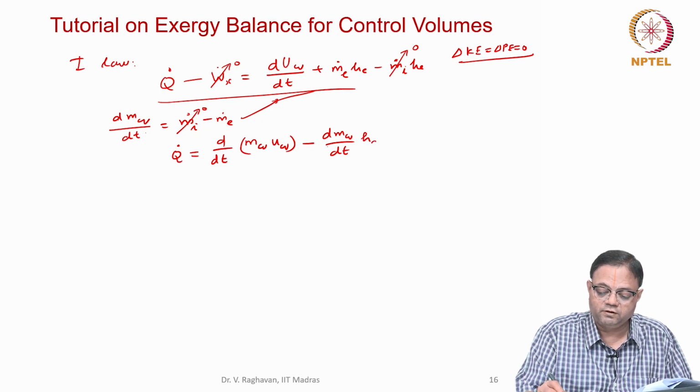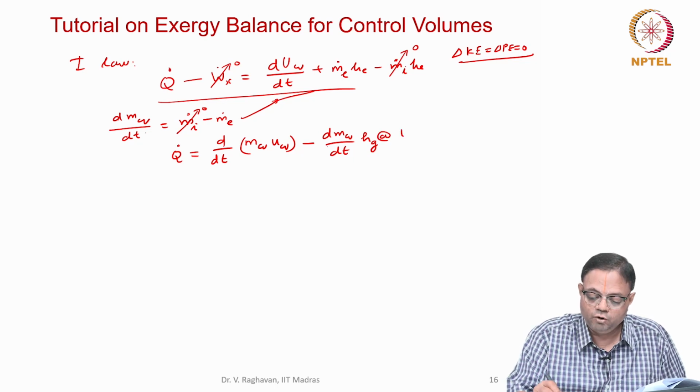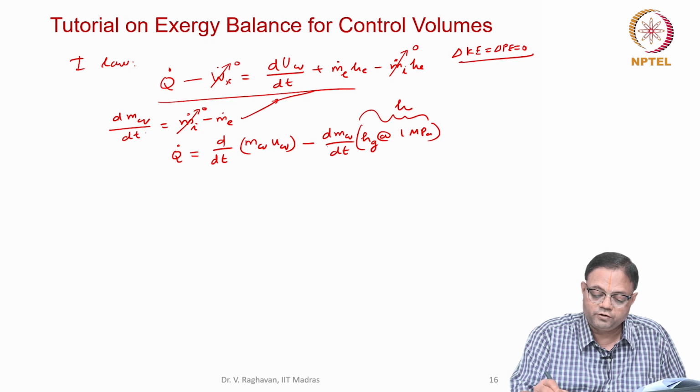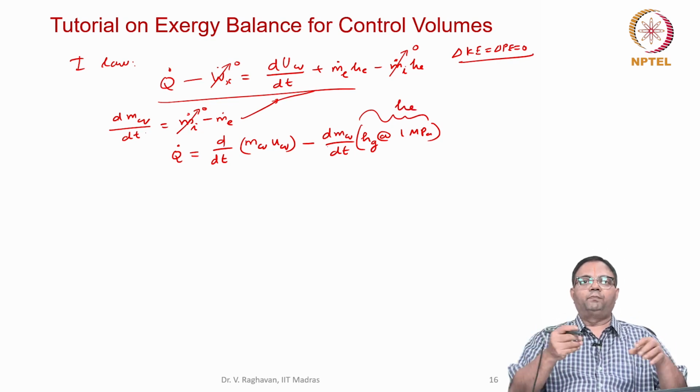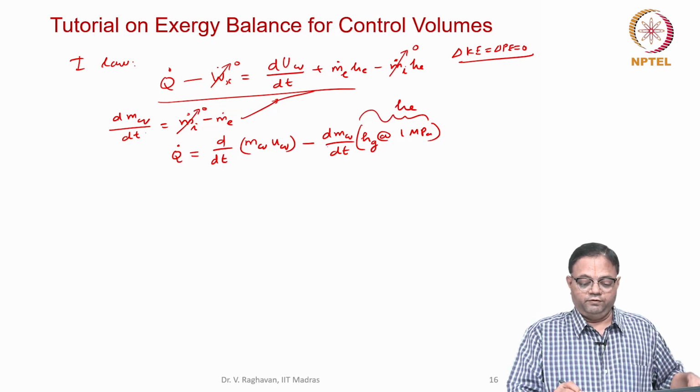What is He? He is nothing but Hg, because only vapor goes out. So Hg at 1 megapascal, because only vapor is going out from the top.